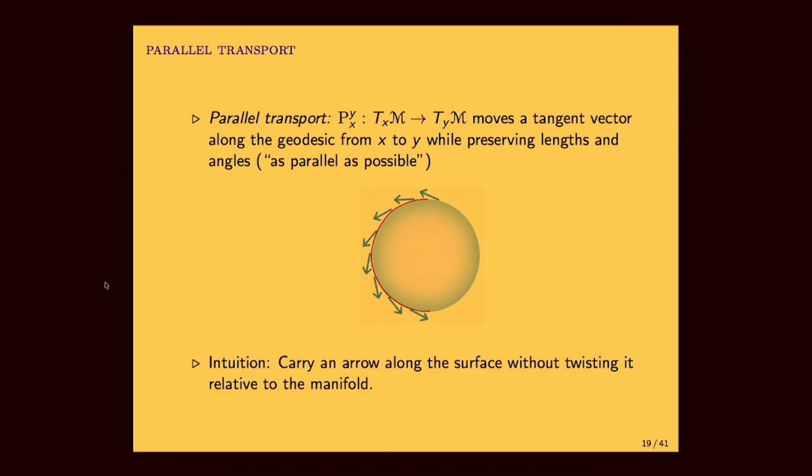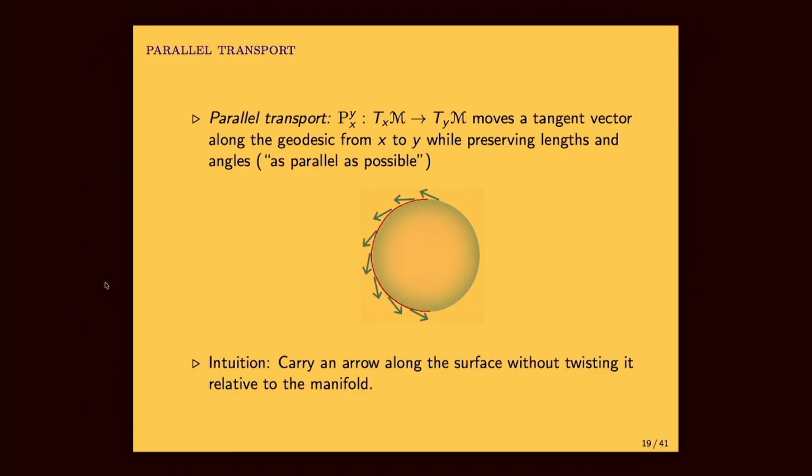Suppose that you're at a point on a manifold, so on the tangent space at point x on a manifold. You want to find something on the tangent space at another point y on the manifold. Parallel transport gives us a way to do that while preserving the length and angle as much as possible, right?